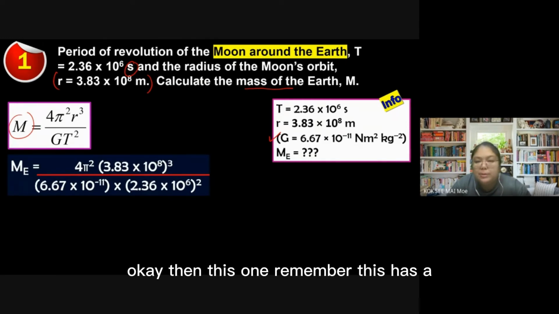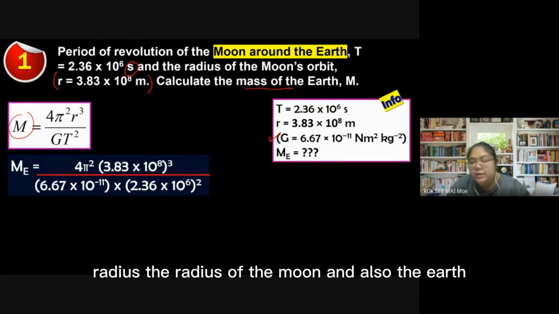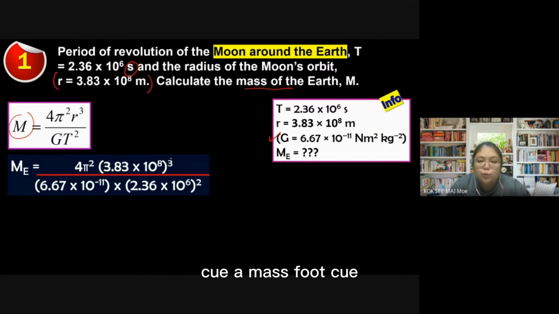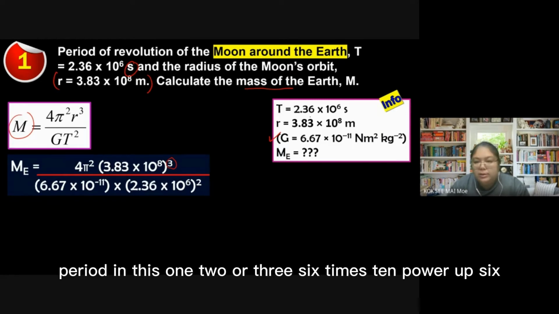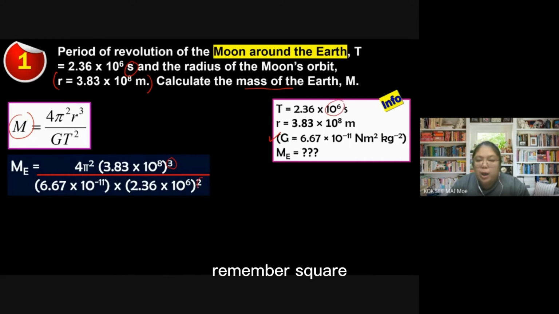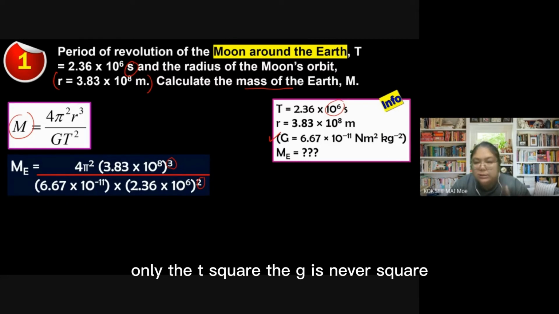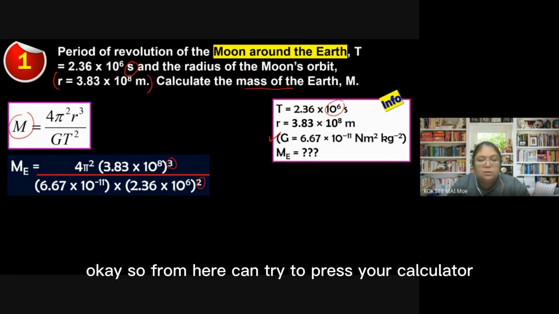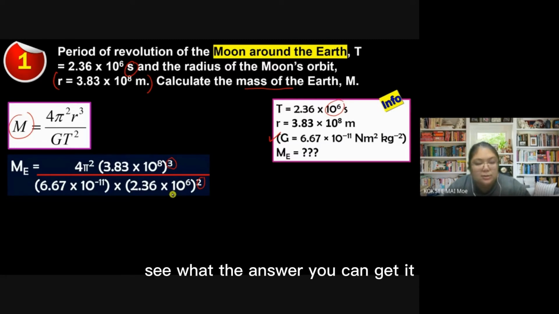The radius, the radius of the moon's orbit around the Earth, must be cubed. The bottom is G, multiplied by the period, 2.36 times 10 power of 6. Remember, only T is squared; G is never squared. From here, you can try to press your calculator and see what answer you get.